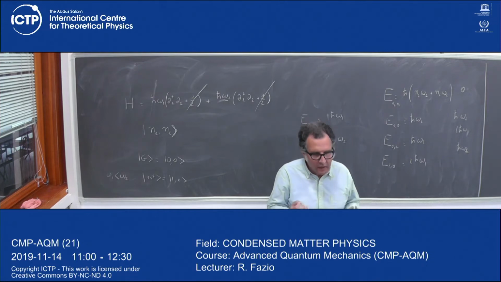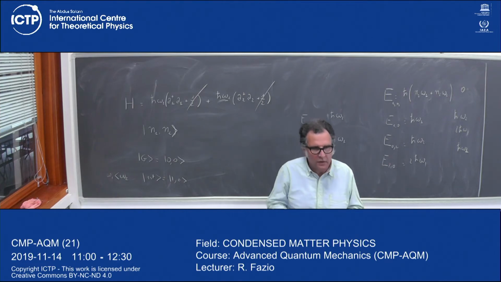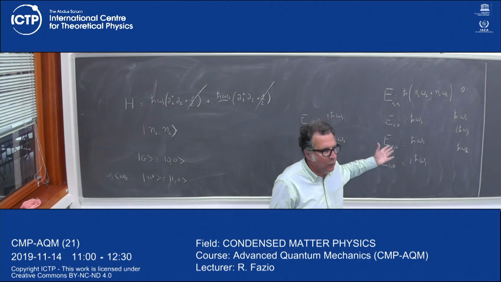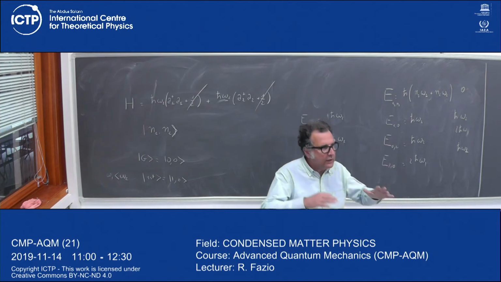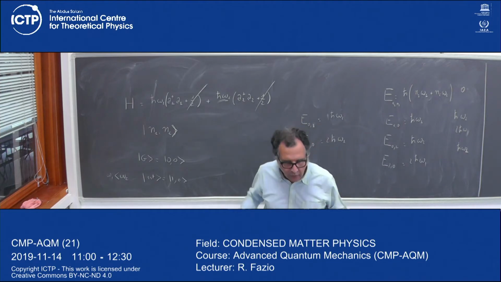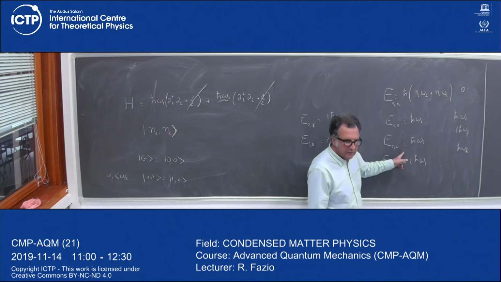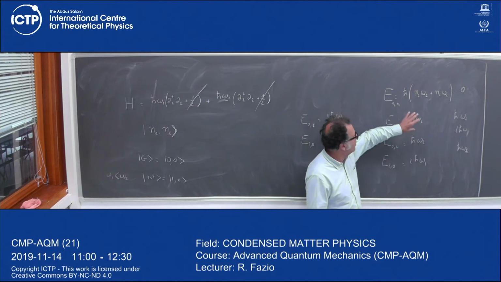I'm just giving this example because when you consider a problem, it's not that you say, okay, I'm non-degenerate and I'm degenerate. You just take this, and if these two are degenerate, then if I ask you a question about the ground state, you can apply a certain approach.